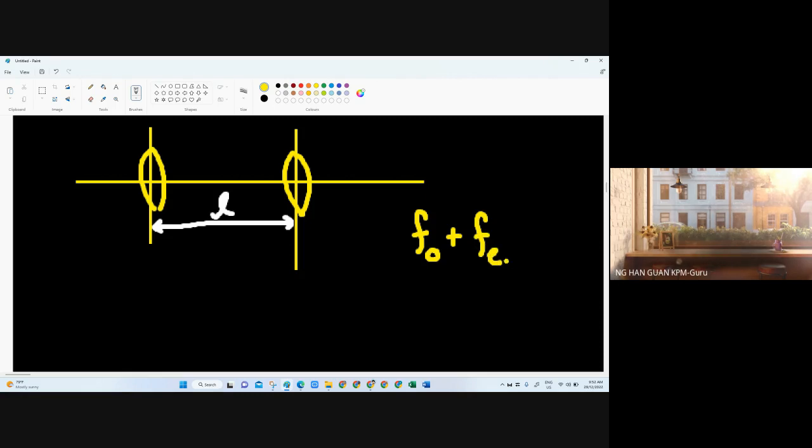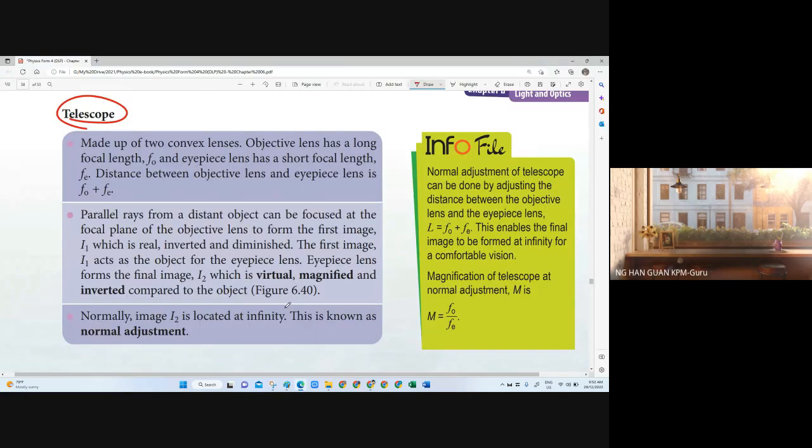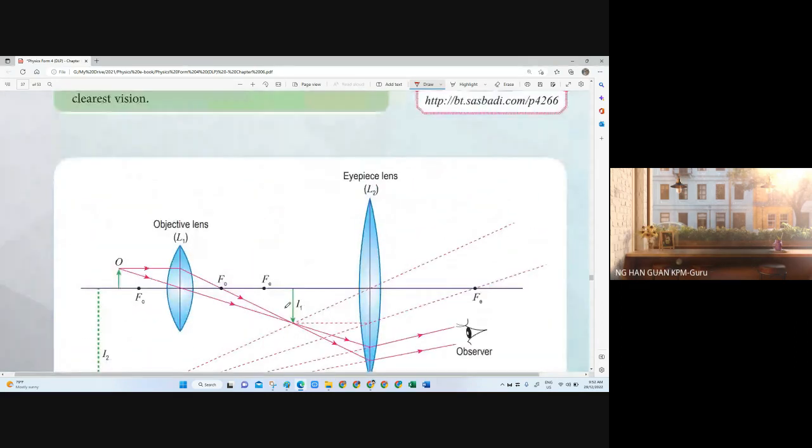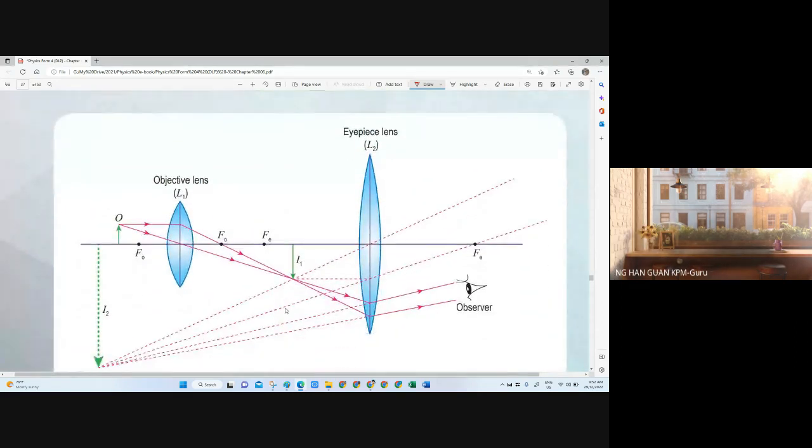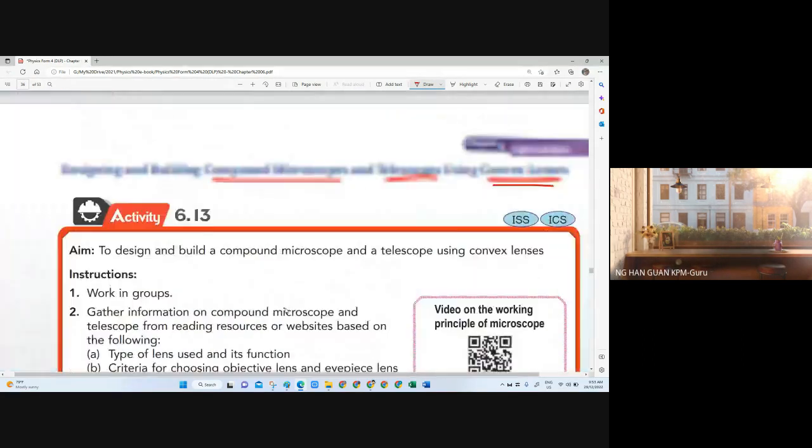So what is the objective lens? What's the eyepiece lens? For either telescope or microscope, we have one objective lens, which is facing the objects. We call it the objective lens. The other one, the eyepiece lens, is facing the position of the eyes. So we look at the design here.